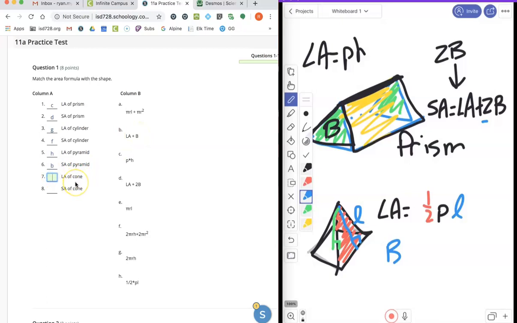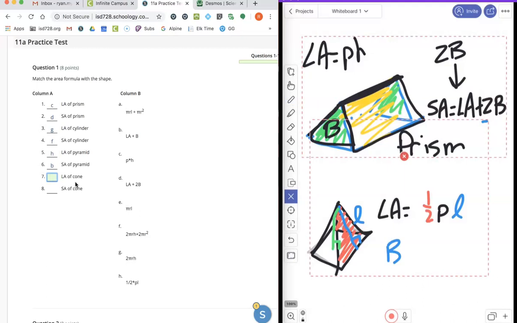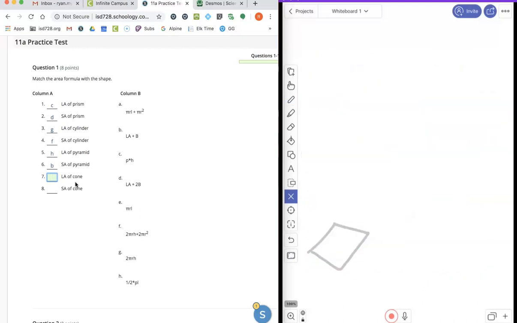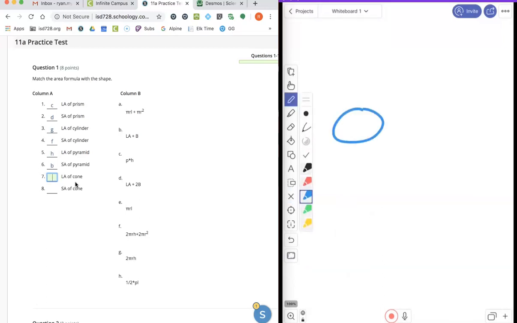All right, cones. Well, cones are going to have just the one circular base, and then they're going to have again kind of a weird lateral area.